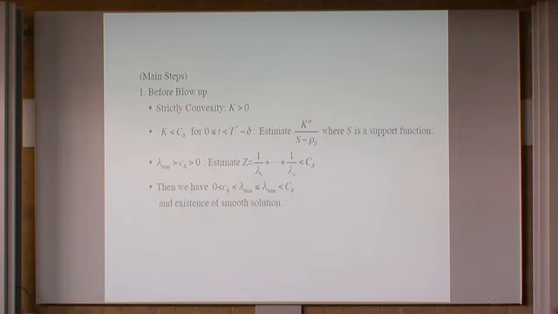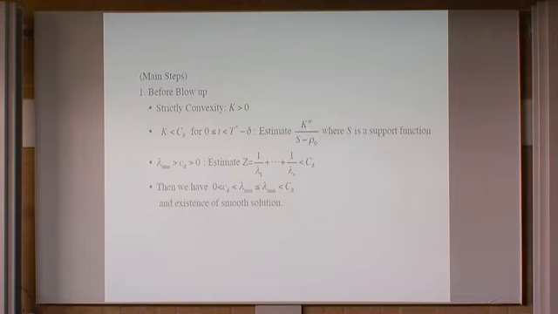For strict convexity, there are two parts. Before blow up, in other words, before it becomes one point, there is a regular theory. The first one is that strict convexity can be shown, the positivity of the Gauss curvature. We also showed that this Gauss curvature is bounded above by looking at the evolution equation of this quantity, so the Gauss curvature is finite.